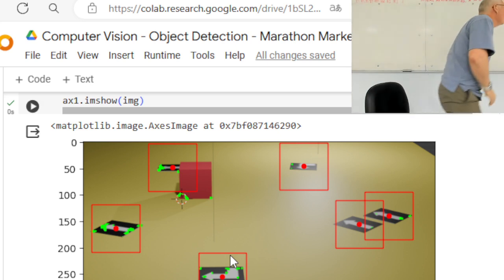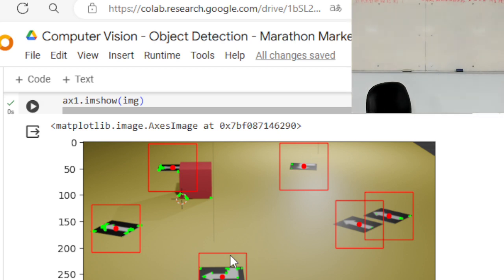Okay, good. Then here would be our corner detection for the various marks.